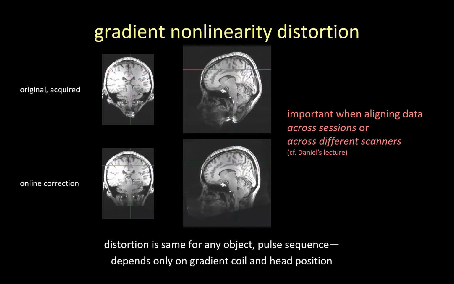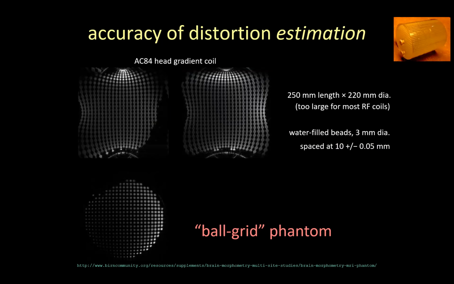This is an important distortion to consider when aligning data across different sessions or across different scanners, as I think Daniel also alluded to, as well as Doug. Just to talk about the accuracy of this distortion estimation: typically the scanner manufacturers provide these spherical harmonic coefficients that estimate the gradient nonlinearity.